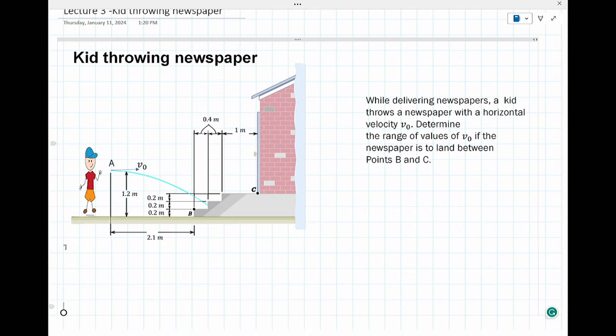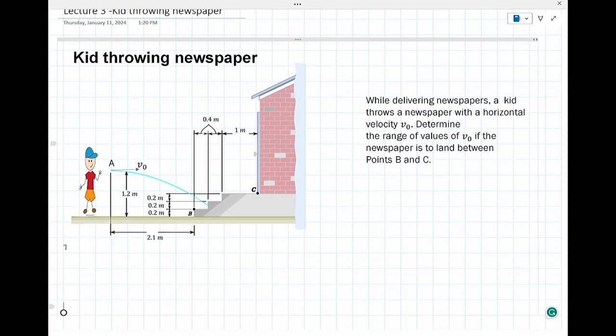And the kid is trying to hit between points B and point C on the house. And you're given a number of dimensions here. Those dimensions include the step height, 0.2 meters, 0.2 meters, 0.2 meters. The height of the throw, 1.2 meters.